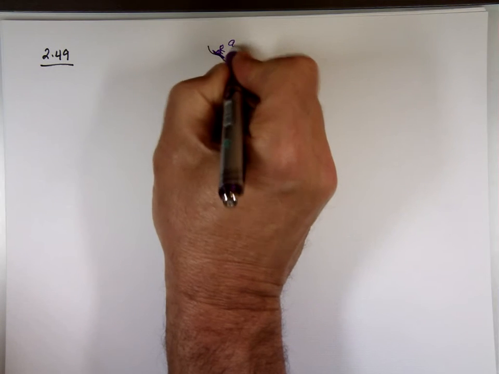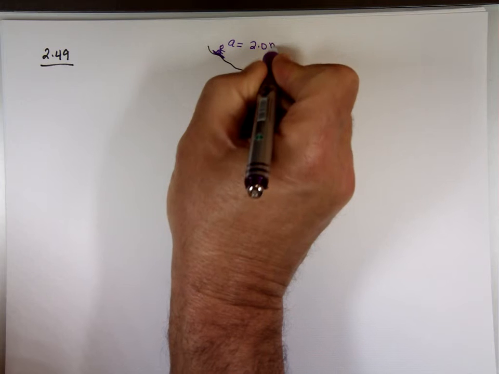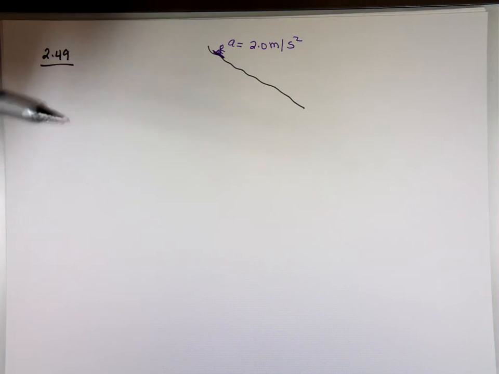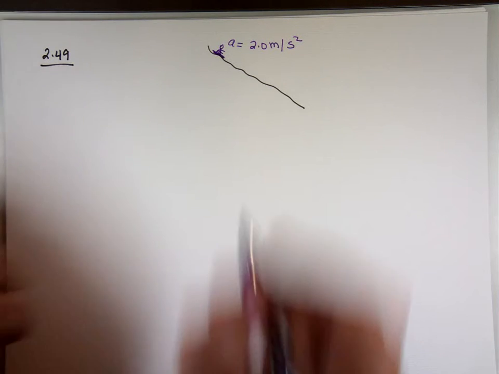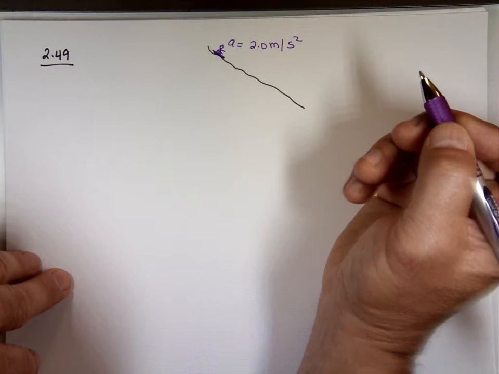Acceleration is 2.0 meters per second squared. If she starts at rest, that's part A here. What does that mean, starts at rest? What's the zero?